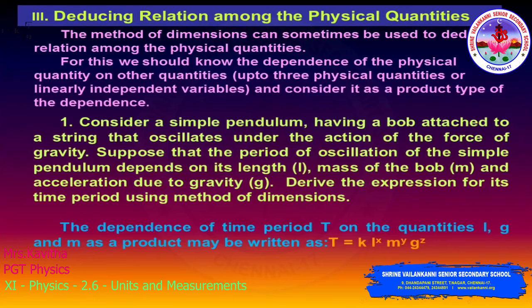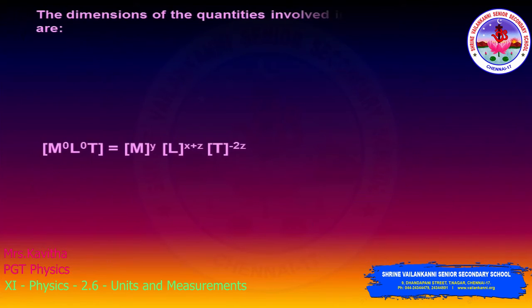So when we derive the expression for its time period using the method of dimensions, the dependence of the time period T on the quantities length, gravity and mass, as a product, may be written as T equal to K L power X M power Y g power Z, where K is a dimensionless constant and X, Y, Z are the exponents.